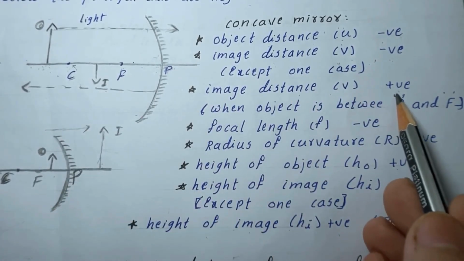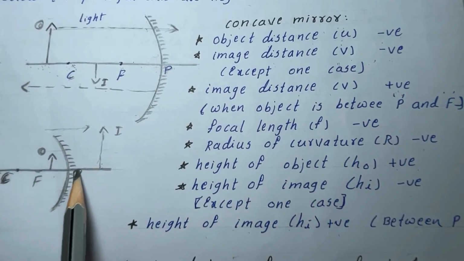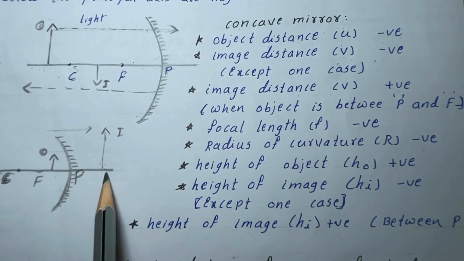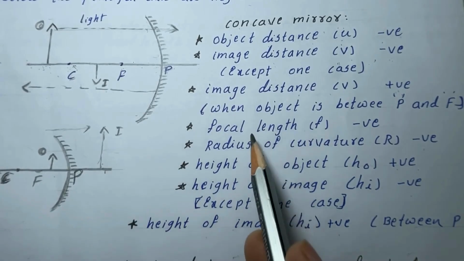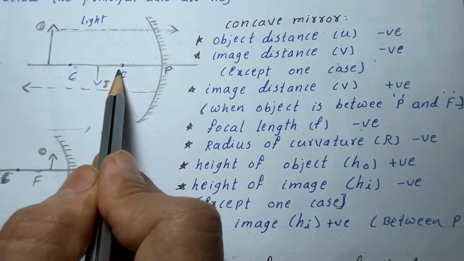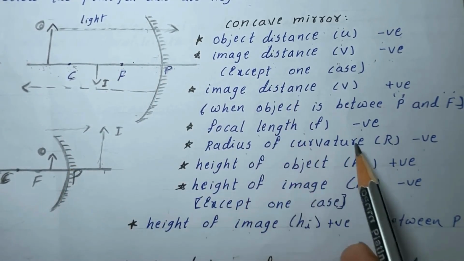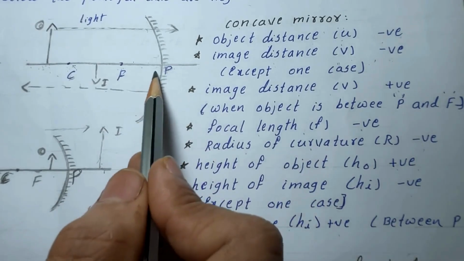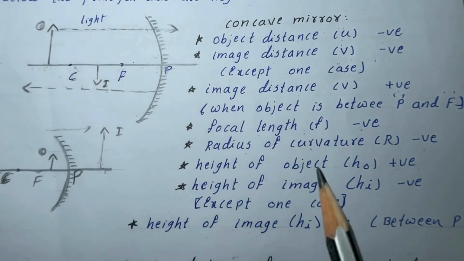Positive sign of image distance shows that the image formed is a virtual image. Focal length of a concave mirror is always negative. Radius of curvature of a concave mirror is also always negative.